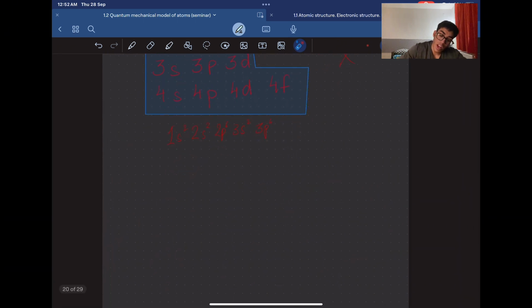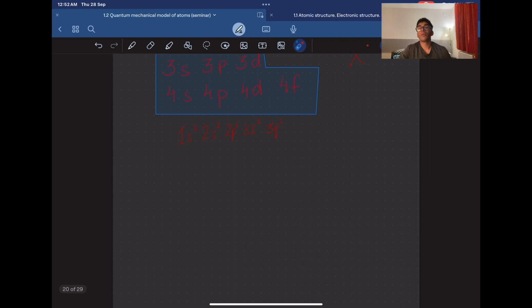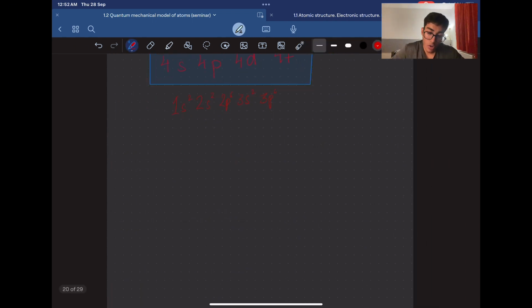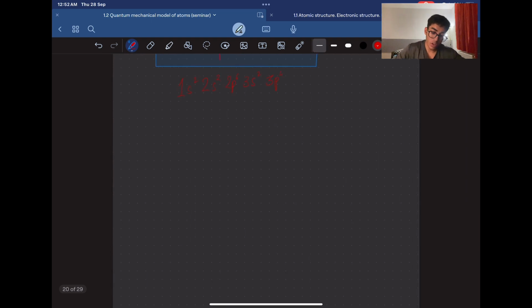Now I'm also going to teach you how to draw orbital diagrams. Let's say I'm just going to draw this out for you. So it's going to be easy. An s orbital is going to have 1 box. A p orbital is going to have 3 boxes. I'm going to explain why.